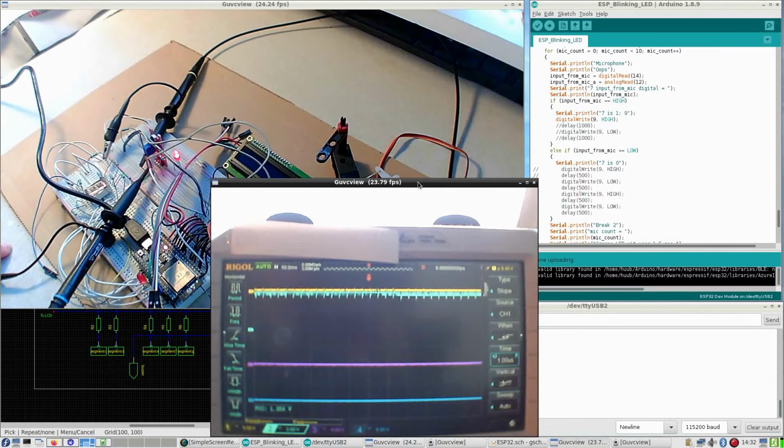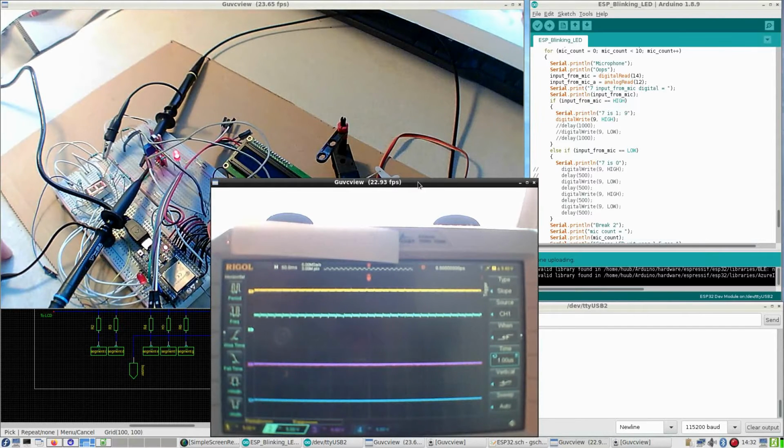So I'm going to change it to 2 volts. Do I see something spectacular? Nothing. So I'm going back to 5 volts.